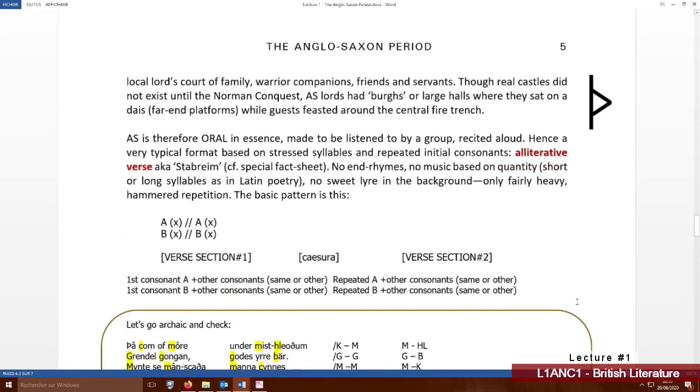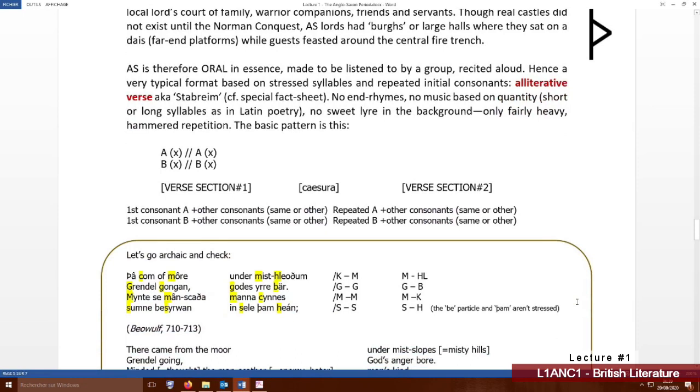Now, modern English poetry is based on the alternation of stressed and unstressed syllables. It also uses devices you can find in other Western forms of poetry, like the use of end rhymes, the use of quantity, that is the alternation of short and long syllables, the repetition of vowels, that's assonance.